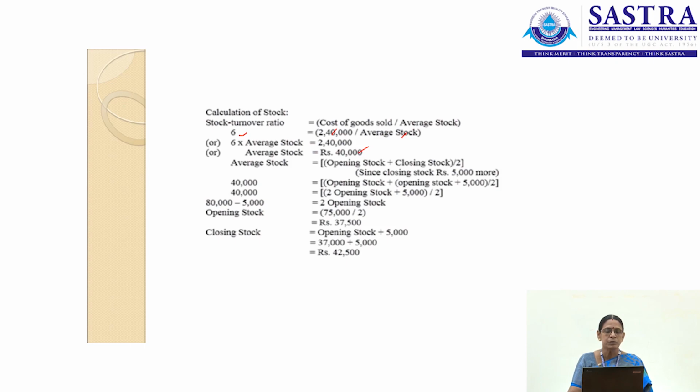So 2 opening stock is equal to 75,000, that is 80,000 minus 5,000 is 75,000. Divided by 2 will get 37,500. Closing stock is opening stock plus 5,000, that is 37,500 plus 5,000 will get 42,500.